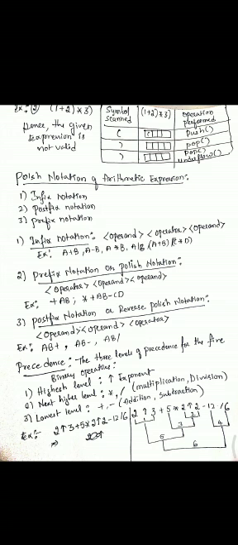The great Polish mathematician Jan Lukasiewicz introduced a new technique for the representation of arithmetic expressions. According to him, arithmetic expressions involve operators and operands, and he classified them into three types depending on how the operator is placed between the operands.